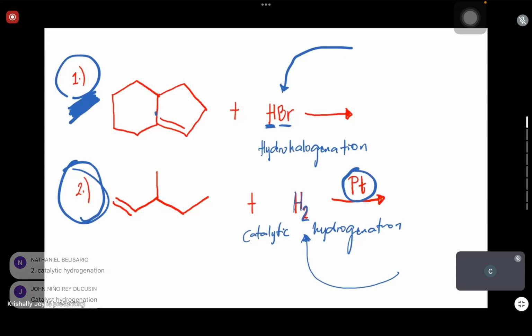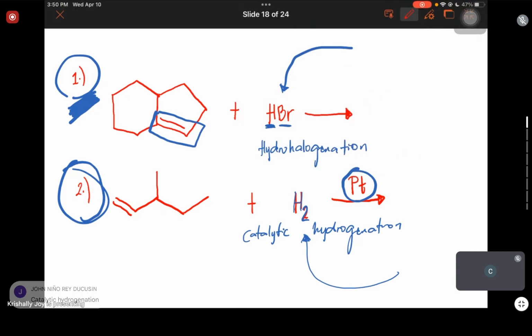Now, for hydrohalogenation to occur, sige, we need to highlight, no, nasaan ba yung reactive site? So, ayan, yung portion na may double bond. Now, try to highlight yung kulay red na carbon and then color blue nga carbon.